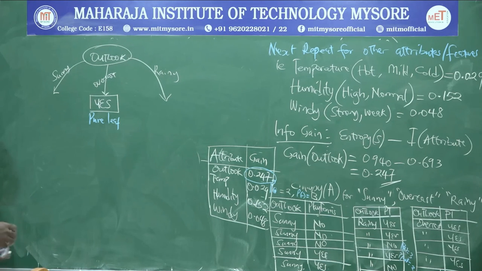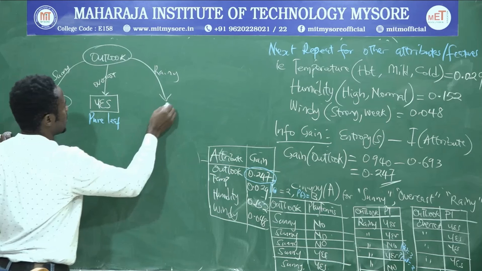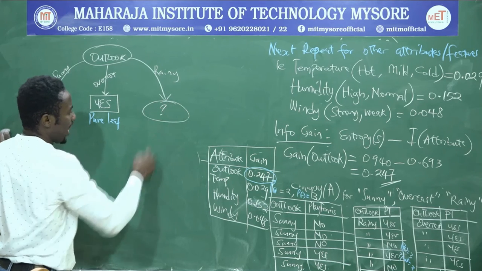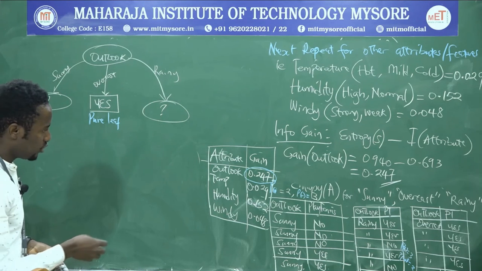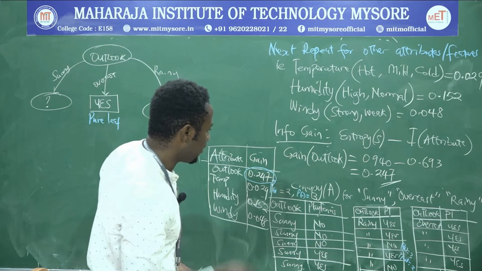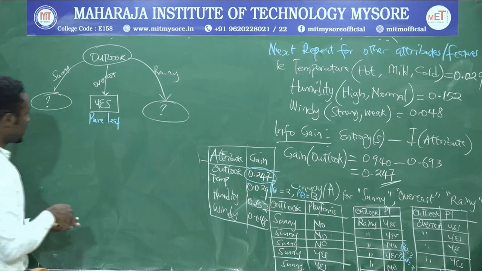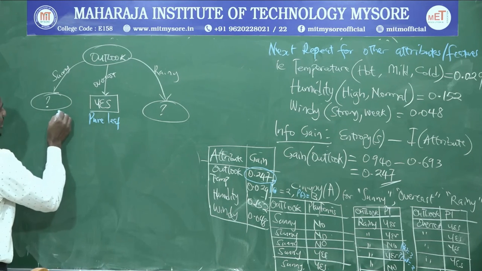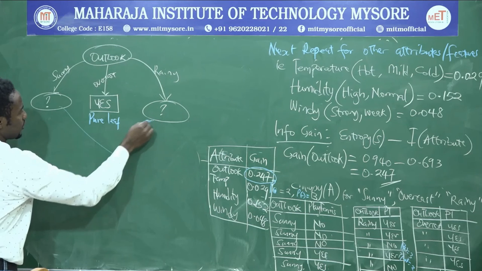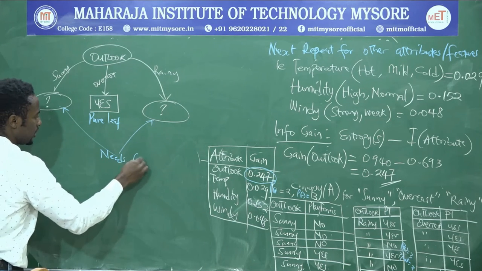I need to know which attribute should come next, so that is where I will enter step 4. If you go to sunny, you have yes and no. You go to rainy, you have yes and no. So these two need further splitting. I hope you can see the board.